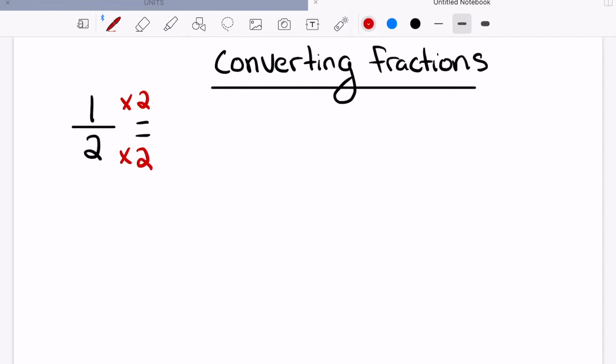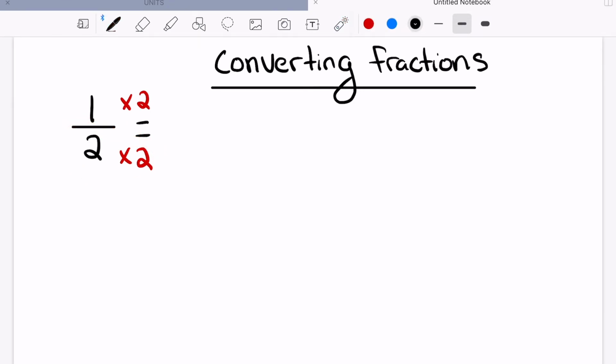If I multiply the numerator and the denominator, I will get an equivalent fraction. Make sure you multiply the same number to both numbers. If I times 2 on top, I have to times 2 on the bottom.